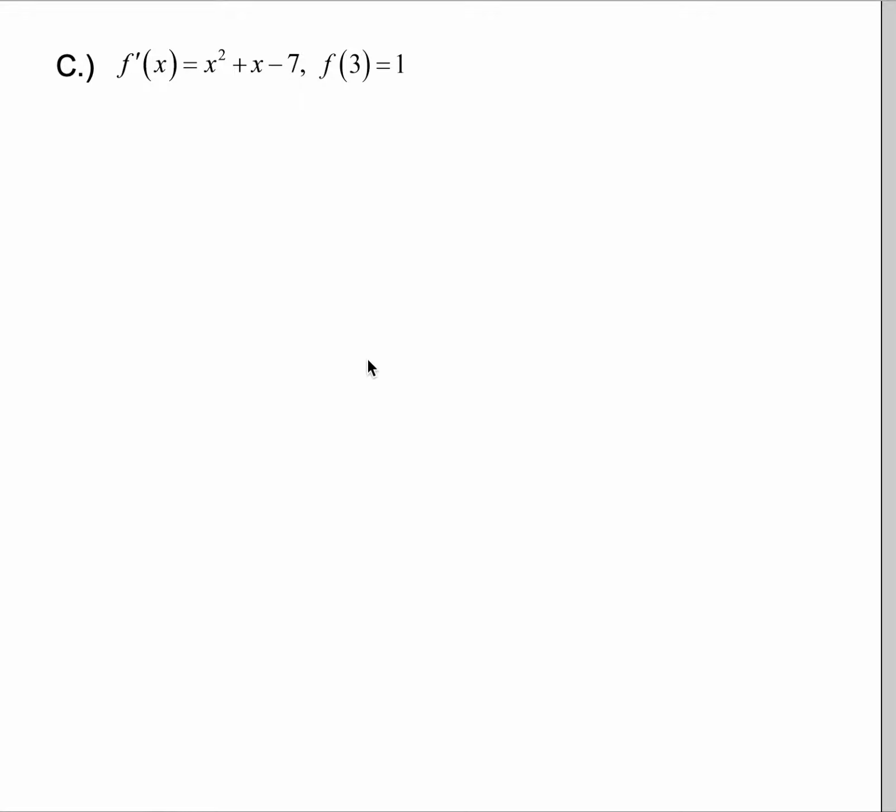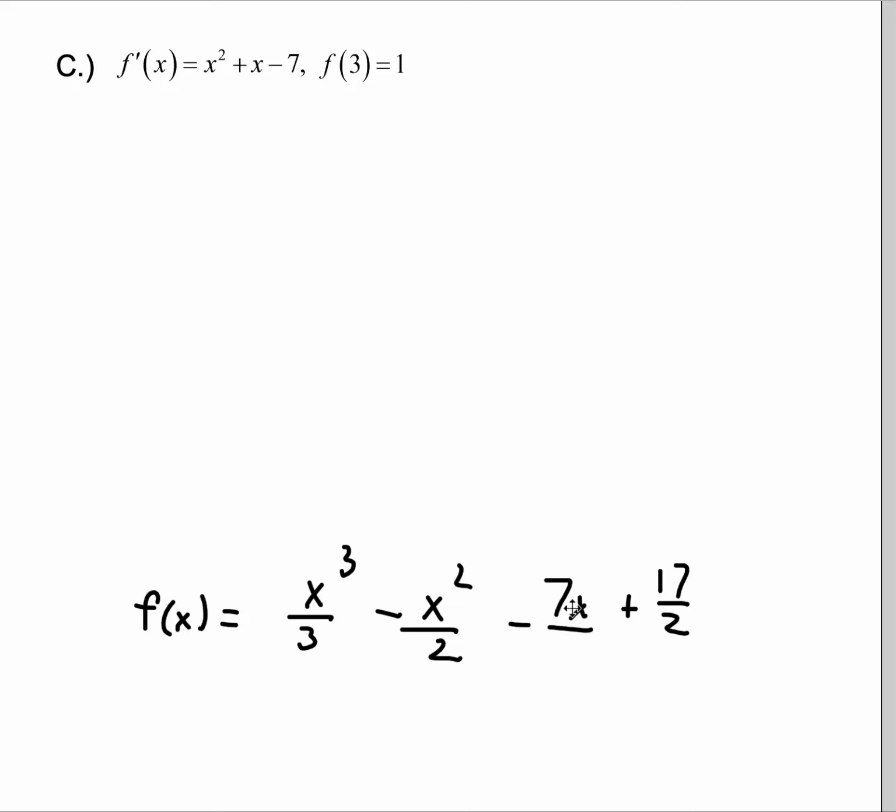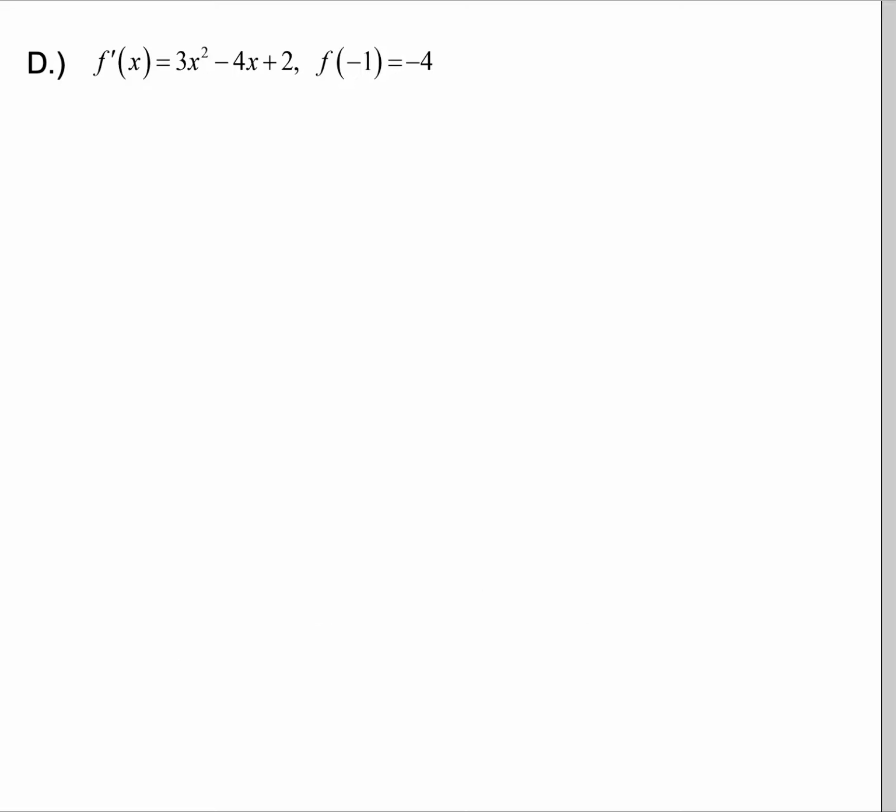Your f function for this problem is actually, there's no denominator here. Okay, again, I'm not going to be solving these out. It's just the same idea. Maybe pause the video, try it out by yourself.